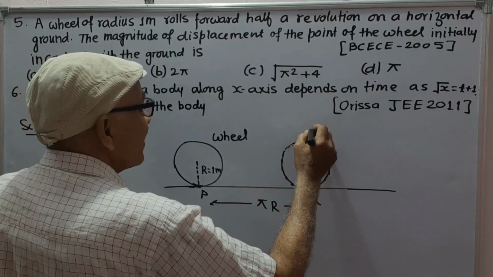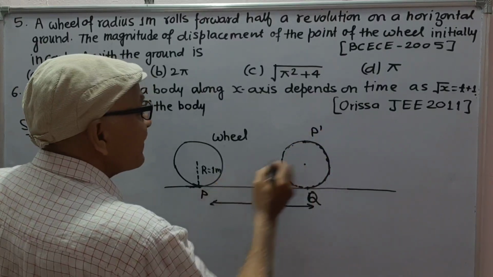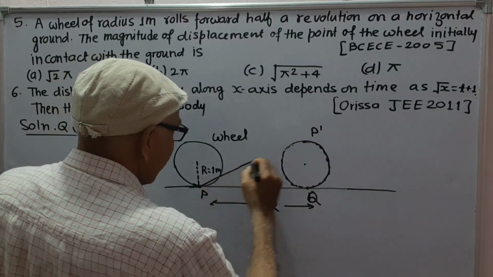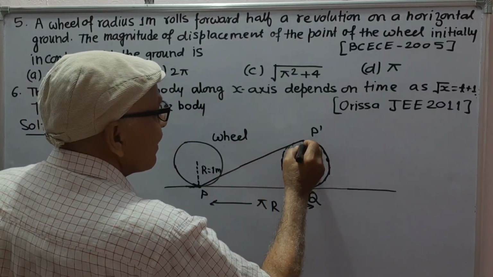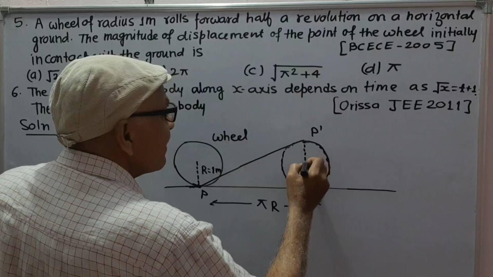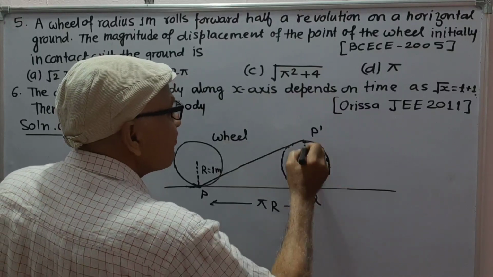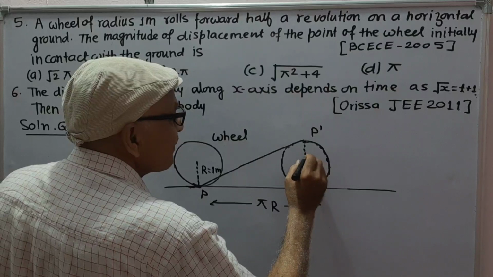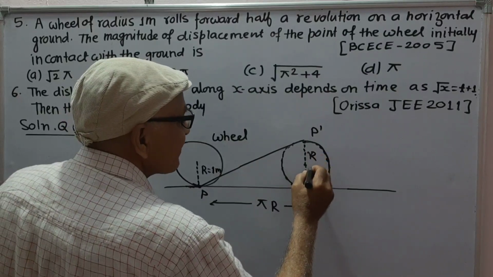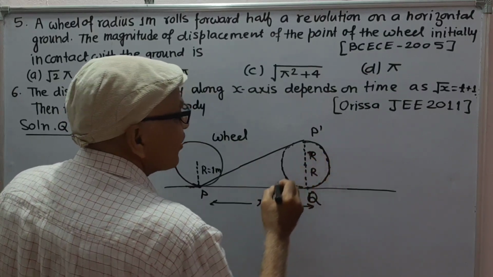P will come to point P dash, so we will have to find the displacement PP dash. Clearly, this distance P dash to Q will be 2r, r plus r is equal to 2r.